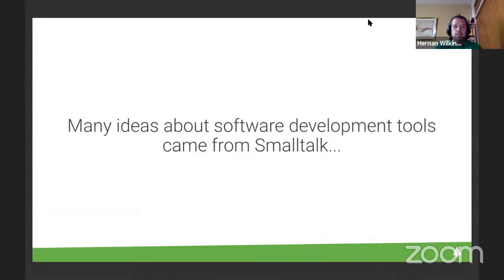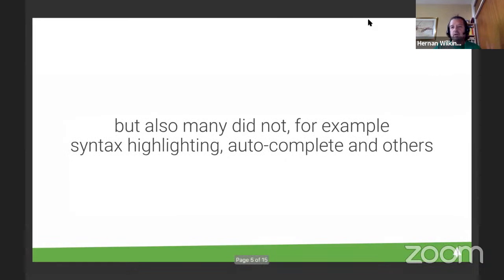We all know that many of the ideas about software development tools came from Smalltalk. But also we know that many of them did not. For example, syntax highlighting or autocomplete were not developed in the Smalltalk environment, and we took them from other IDEs.